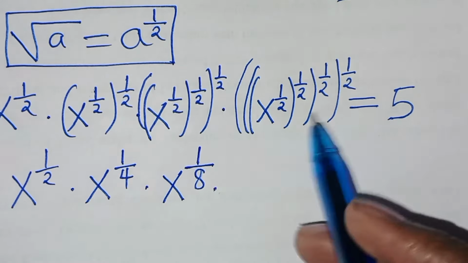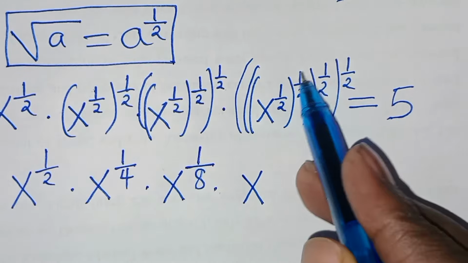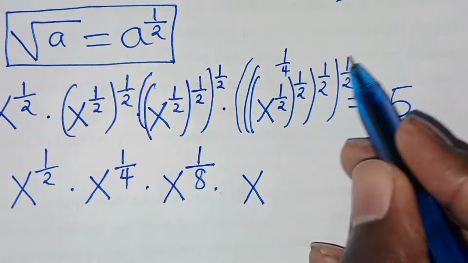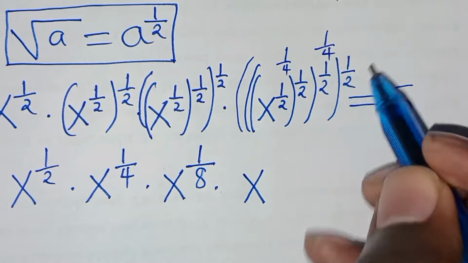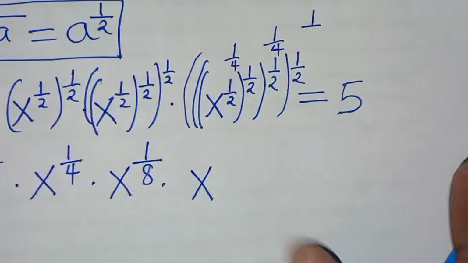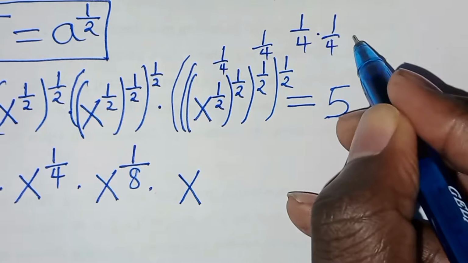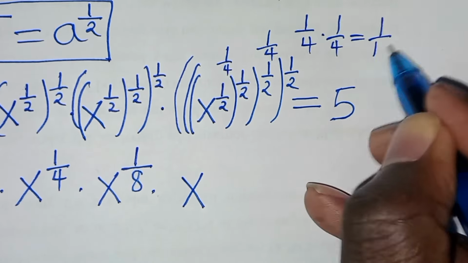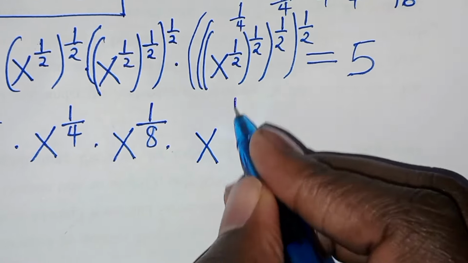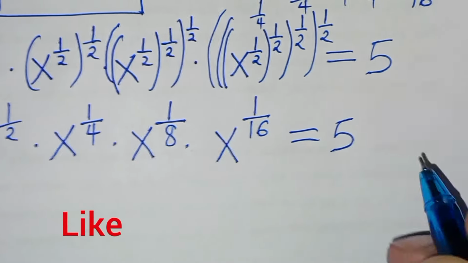Then times x to power half times half, this is 1 over 4, and then half times half, this is 1 over 4. So 1 over 4 times 1 over 4 is equal to 1 over 16. So this implies that here we'll have x to power 1 over 16. This is equal to 5.